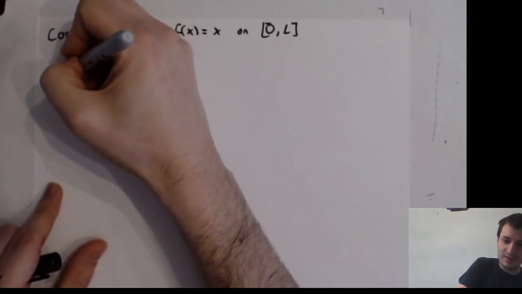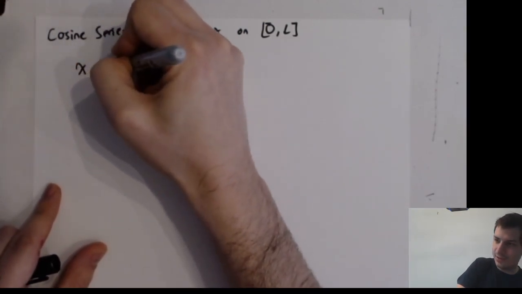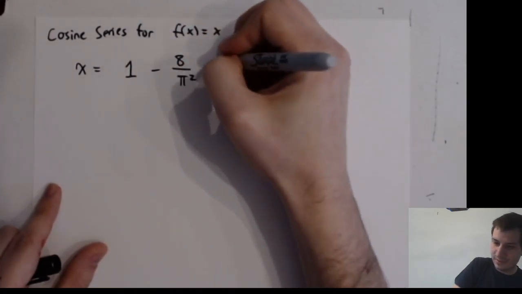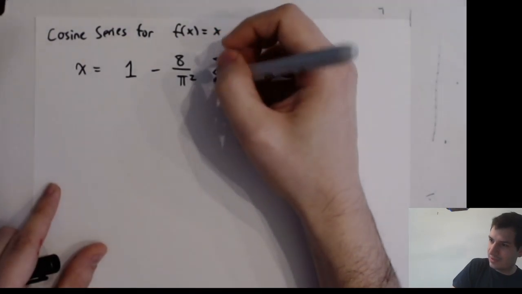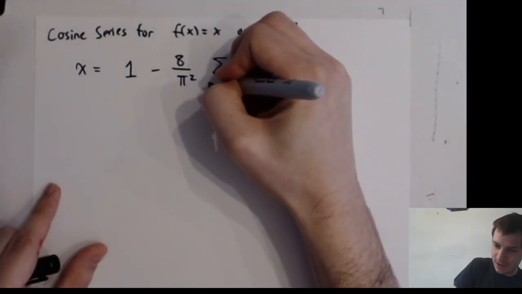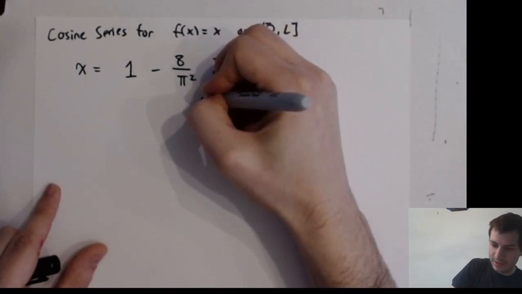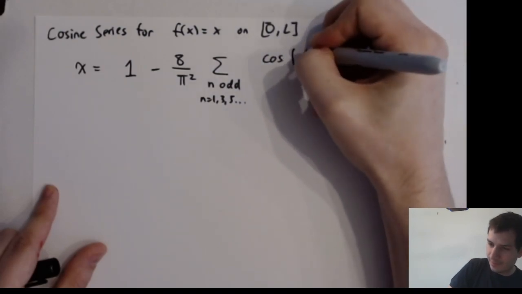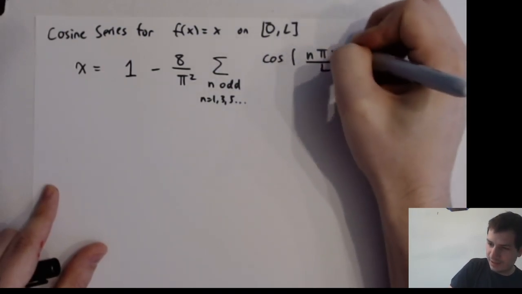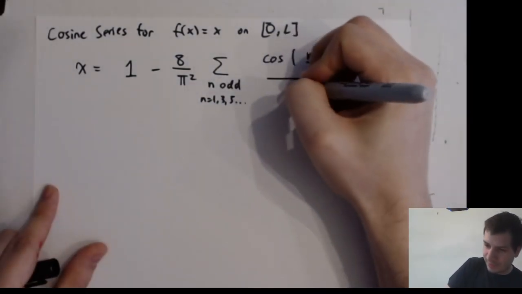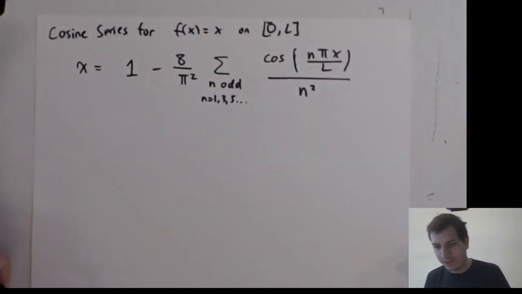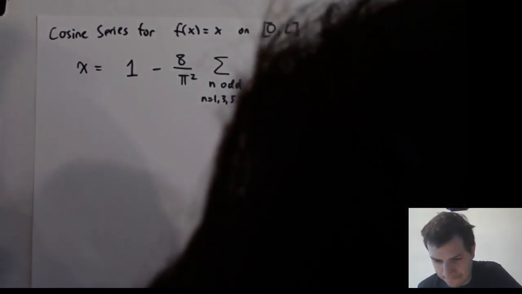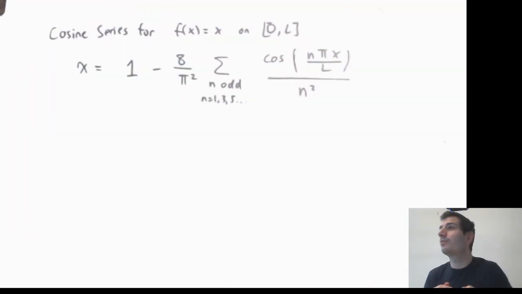We discovered that the series is like this: x is equal to L over 2 minus 8 over pi squared times the sum over n odd, so n equals 1, 3, 5, and so on, of the cosine of n pi x over L divided by n squared.